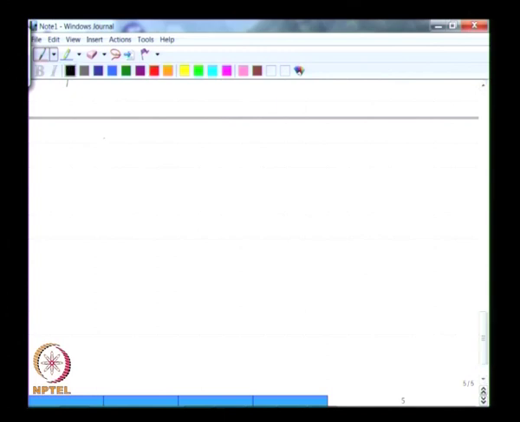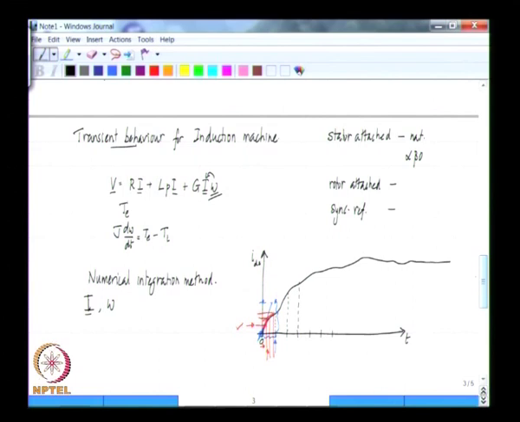You say that for time equal to 0 to end time, 0 to end time is where you want to find out the solution. What you do is find slopes. This is nothing but di by dt and d omega by dt. In order to do this, let us look at the differential equation.